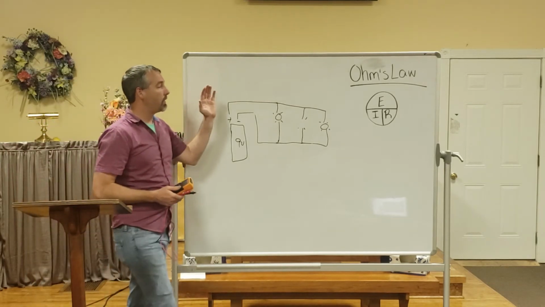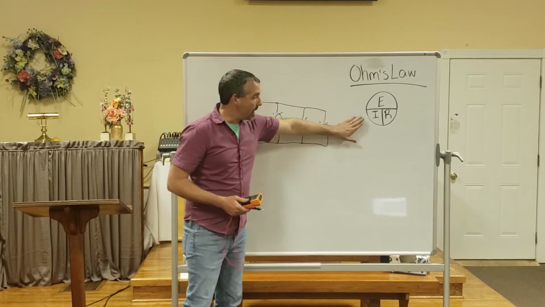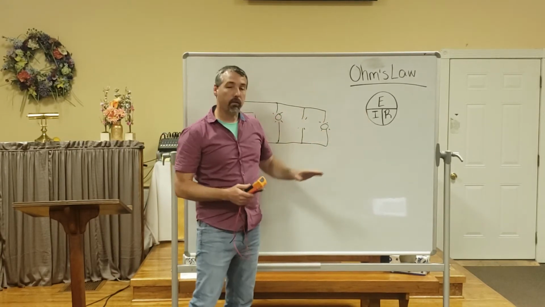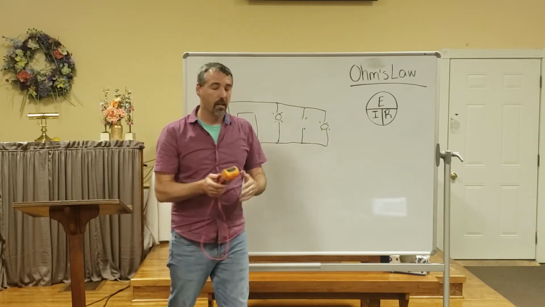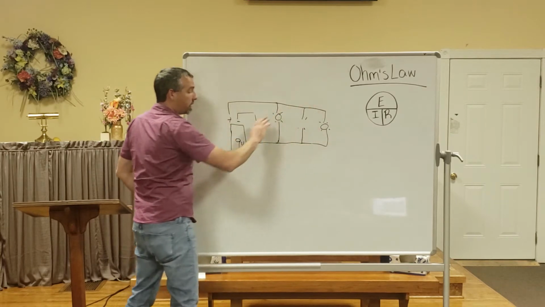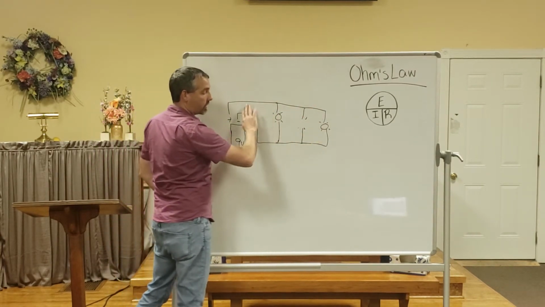So we learned what voltage was. All right. Now I here represents current. Current is the flow of electrons, and so electrons flow through this circuit, and voltage is what pushes the electrons through the circuit. Okay.